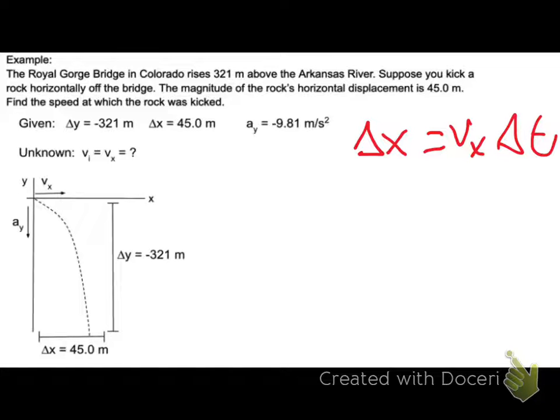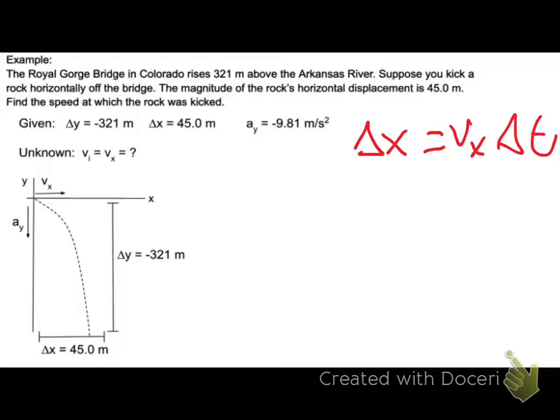And the equation that we're going to select should probably have time in it so that we can isolate time and substitute in some values for time that we do have, correct? So the last y one is, in fact, the one that I would recommend.